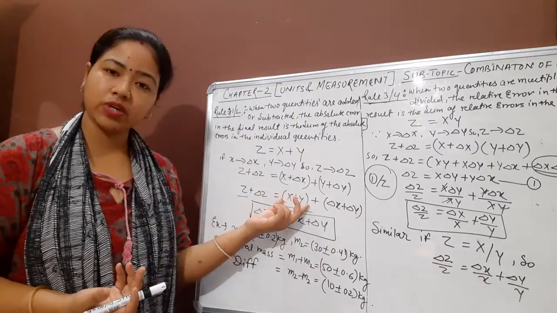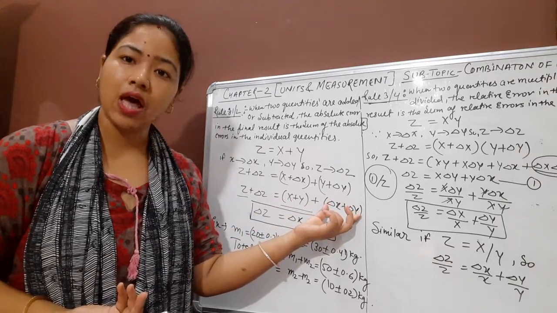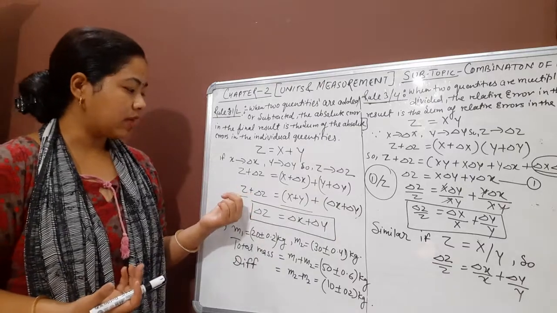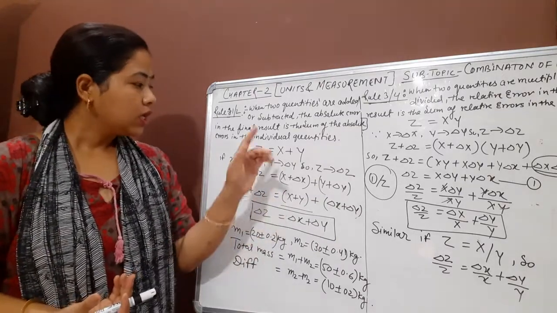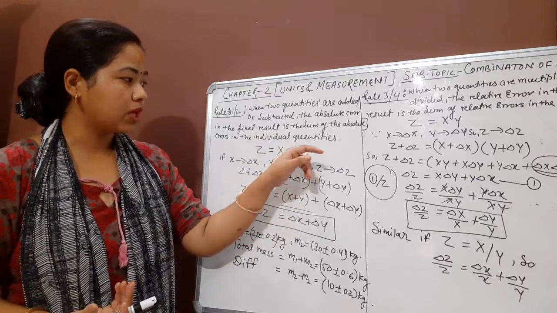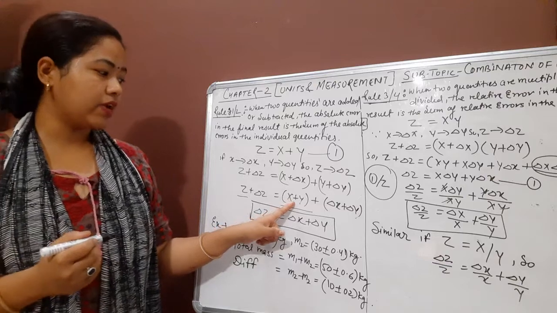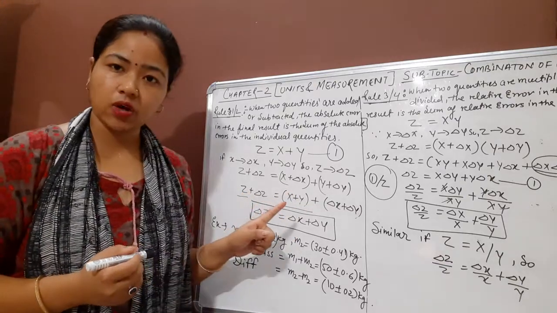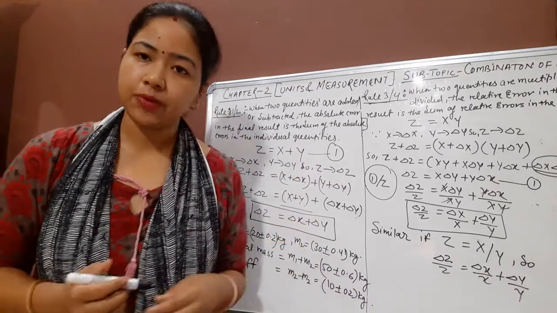So that is the sum of the two individual quantities, and these are the sum of the absolute errors in the two quantities, right? And on the left side we have z plus delta z, right? So x plus y from equation number 1 we can write as z. When we place that value in place of x plus y, z on both sides will cancel out, and we will only have delta z equals delta x plus delta y.